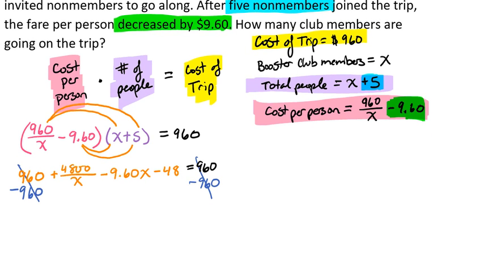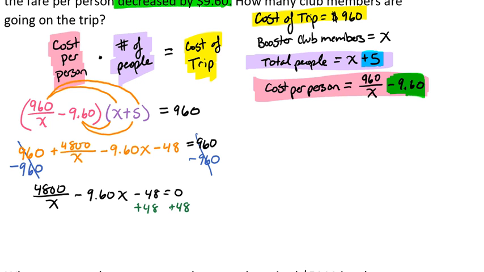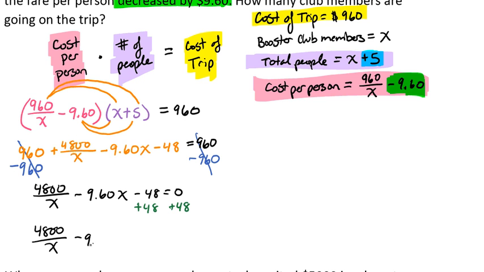That's going to leave me with 4,800 over x minus 9.60x minus 48 equals 0. Then I'll add the 48 to both sides, and that in turn is going to give me 4,800 over x minus 9.60x equals 48.